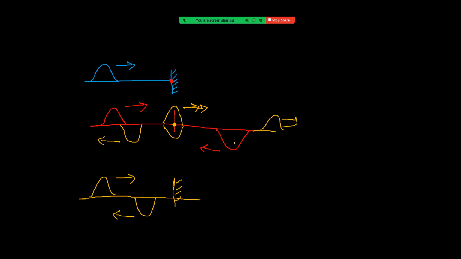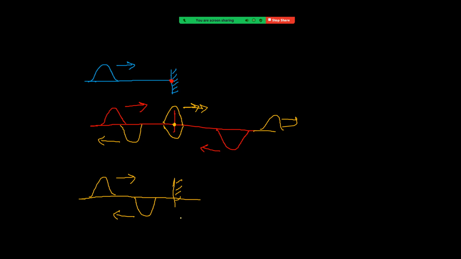Combination of these two will give us the shape of the string at any instant. When it is reflecting, we can get the shape of the string by combining this upper one and this lower one. And after reflection, the shape is now inverted.